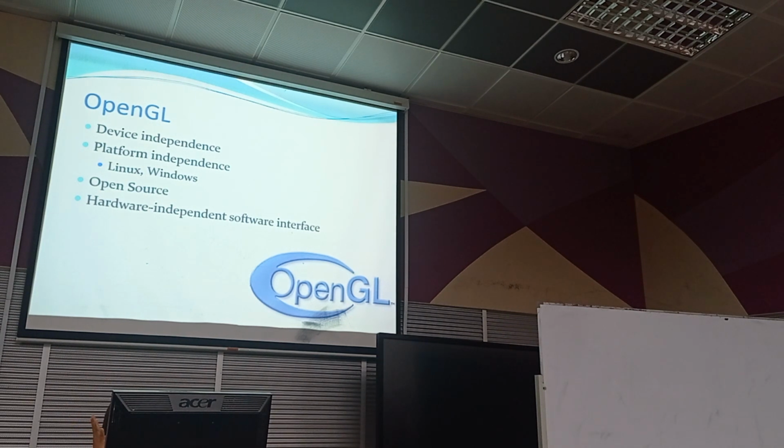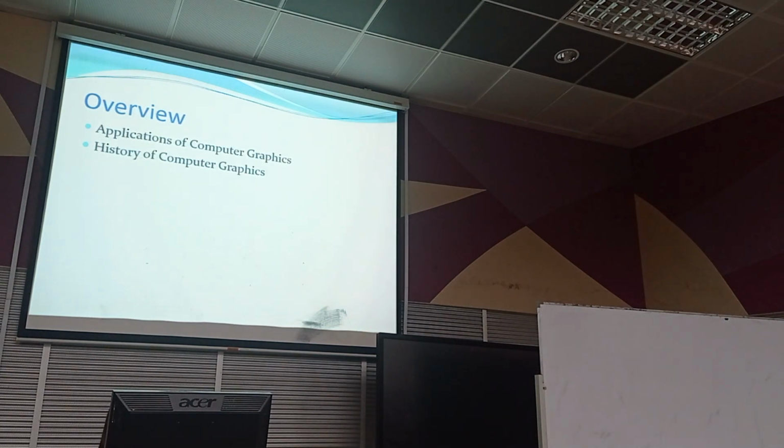You can use it on any device, your tablet, your PC, your phone, and any platform. It can be used on Linux, Windows, Mac, any OS. And it is free and open source. It is already there when you install Visual Studio. I will guide you on this later when we do practical.